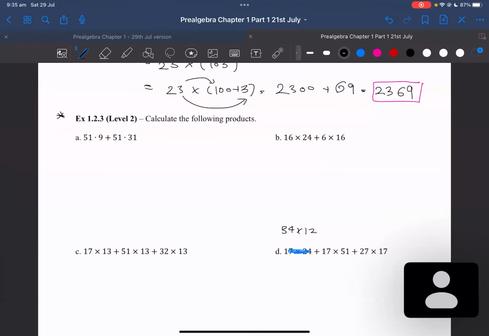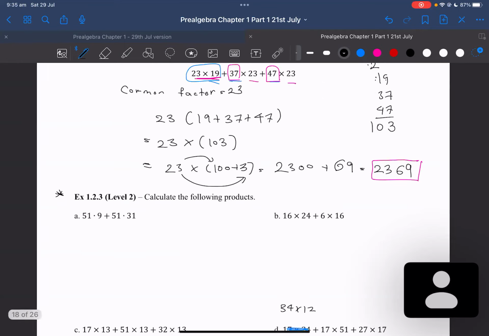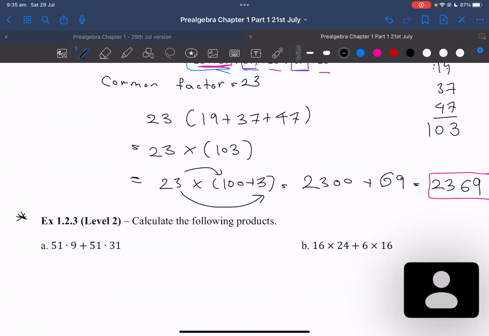So you add the... should we just take out the common factor? Don't have to. So how I did in the previous question, when I took out the common factor, I didn't add them together. I just took the 23 out immediately, left it, and added the ones inside the bracket.